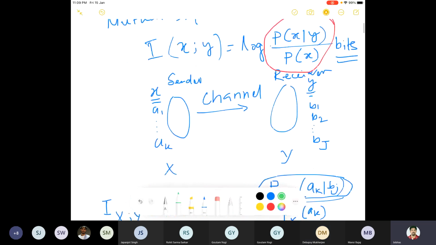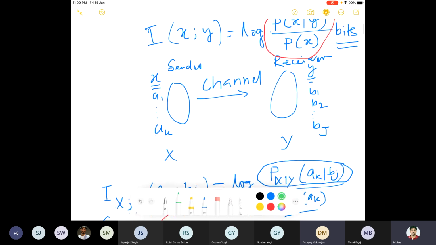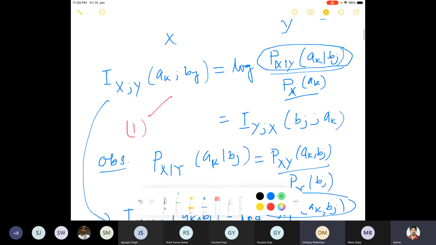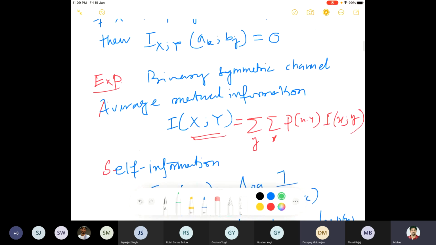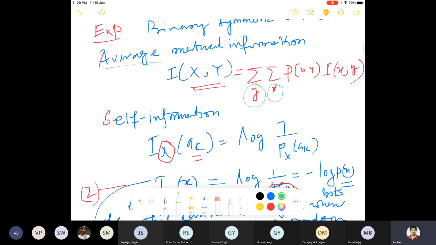This is how we introduced small x semicolon small y, which is mutual information. And then we defined average. Whenever we define average, we write capital X and capital Y, because here you are taking the average over all X and all Y. Is that okay?